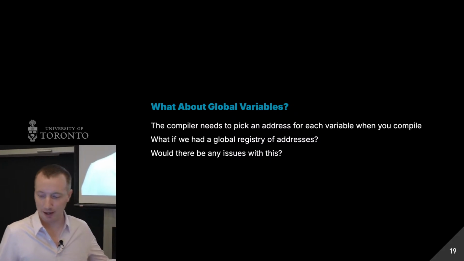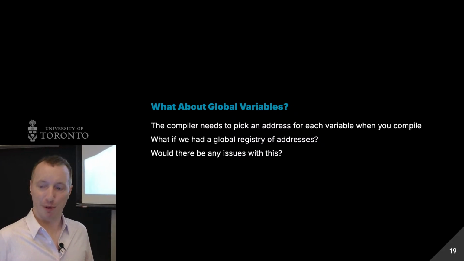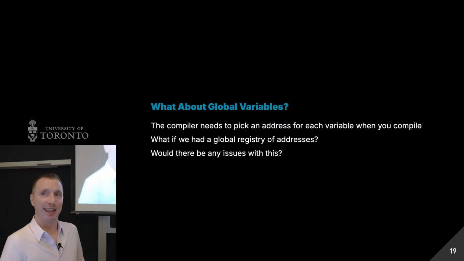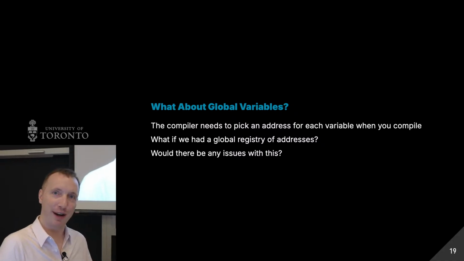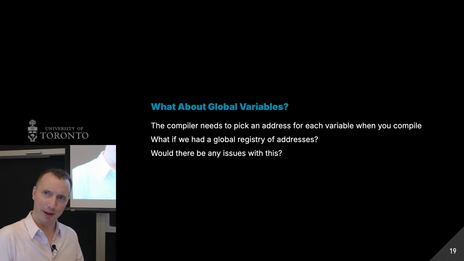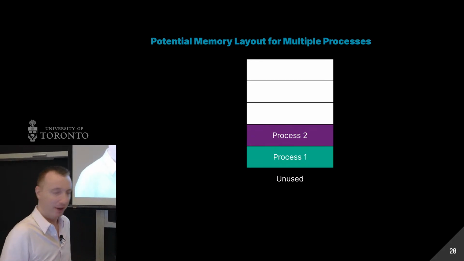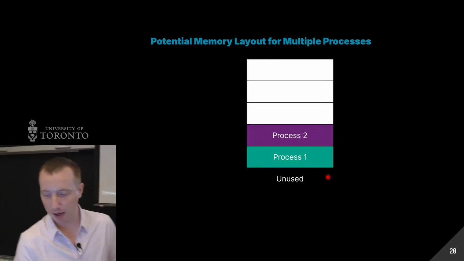If that wasn't the case and we didn't have virtual memory, where each process has an independent view of memory, then if you had multiple programs running at the same time, they would each need their own physical addresses siphoned off, and you'd have to register them. So maybe this is our view of physical memory, and we have two processes.